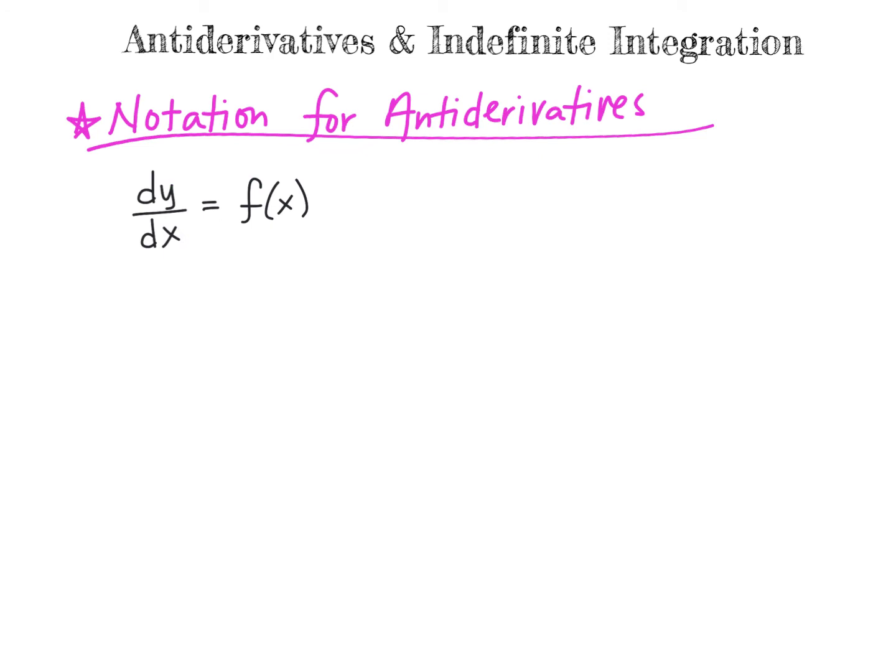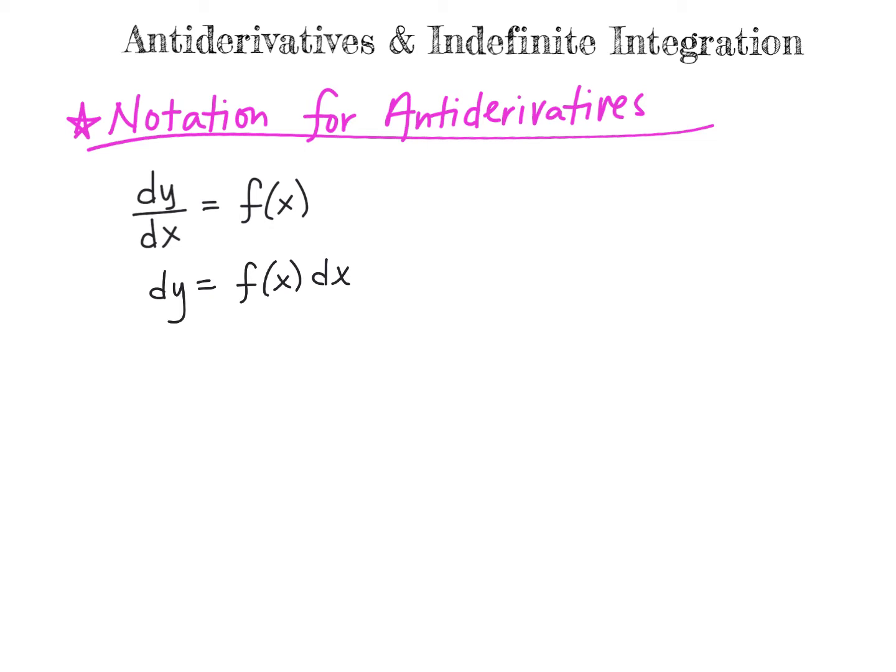Here we're going to delve into some notation for these antiderivatives we've been studying so far. Now what I recommend is just watching this first part and seeing it play out, and then I will star the stuff that you should definitely write down in your notes. Let's start off with this differential equation, dy dx equals f of x. To make it a little simpler, let's multiply both sides by dx, so we'll have dy equals f of x dx.